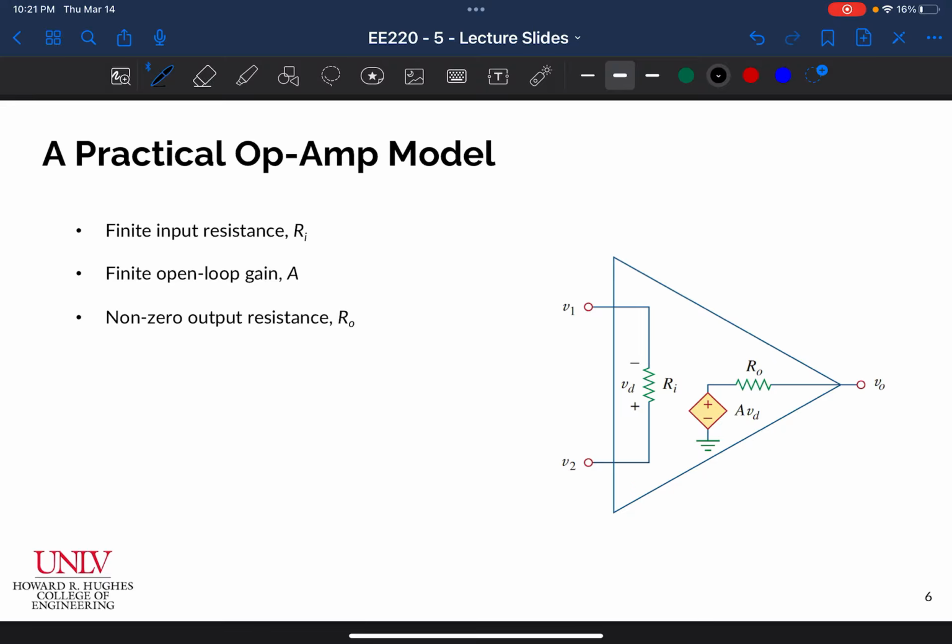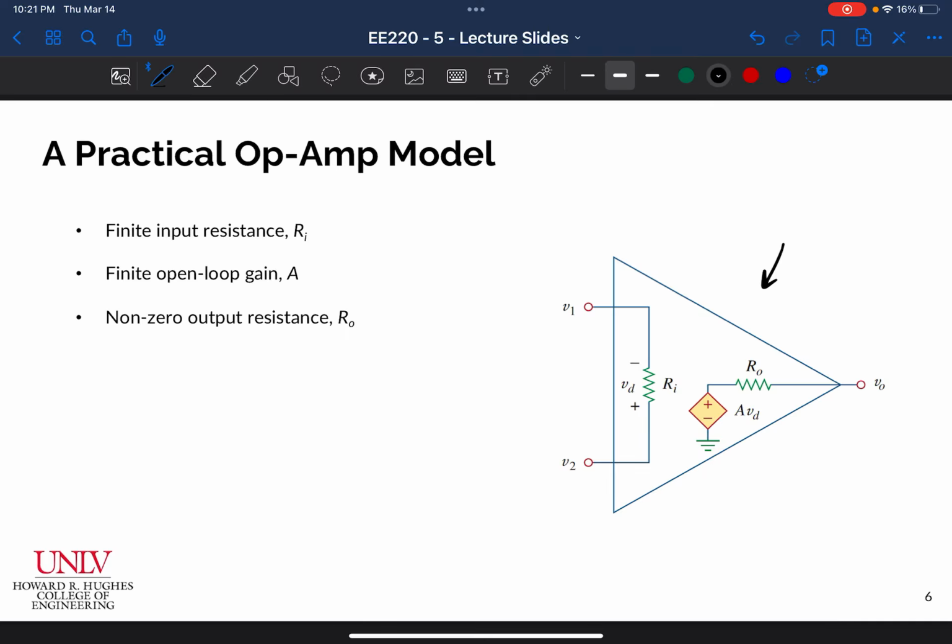In real life, when we practically implement an op-amp circuit, we have some practical limitations, and one of those is the finite input resistance. That's this value here, Ri.